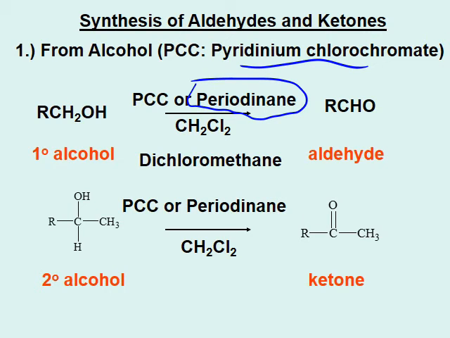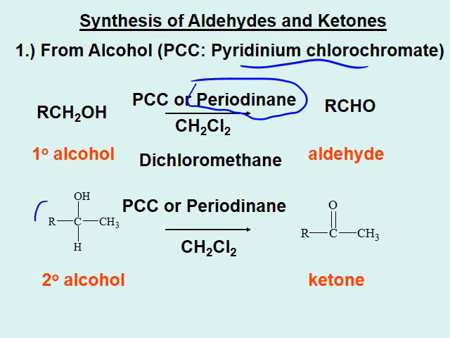Pyridinane. So pyridinane, in presence of CH2Cl2, would oxidize an alcohol, 1 degree alcohol, to an aldehyde. Normally, oxidizing agents would change 1 degree alcohol to carboxylic acid, but PCC or pyridinane would stop it at aldehyde stage, for which you need to remember this.